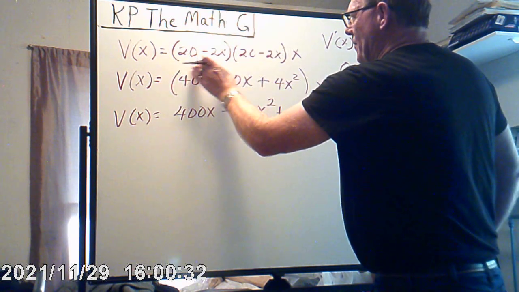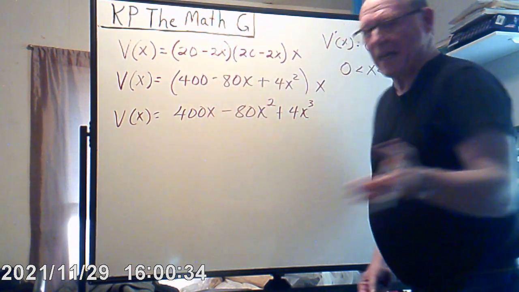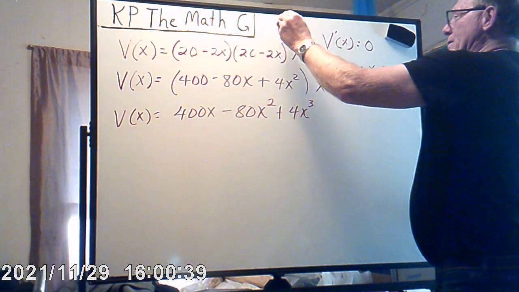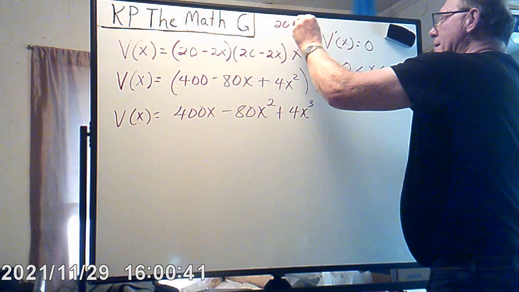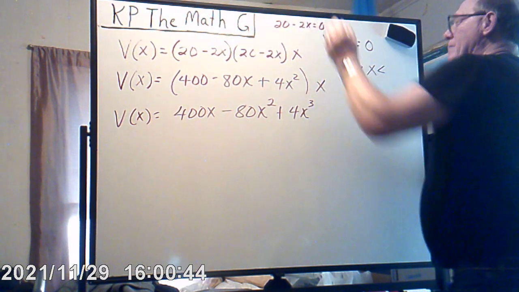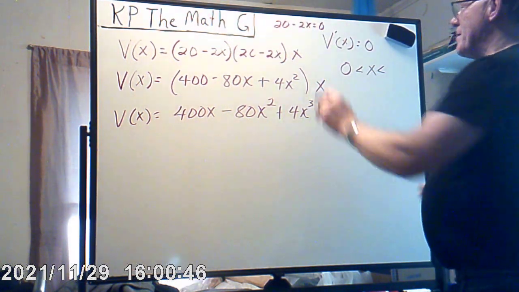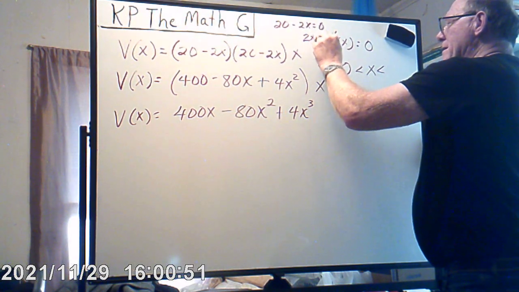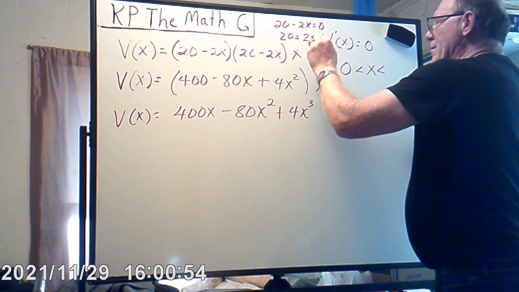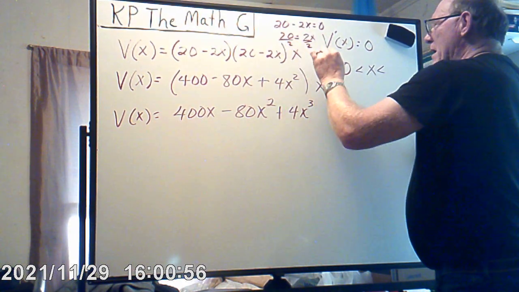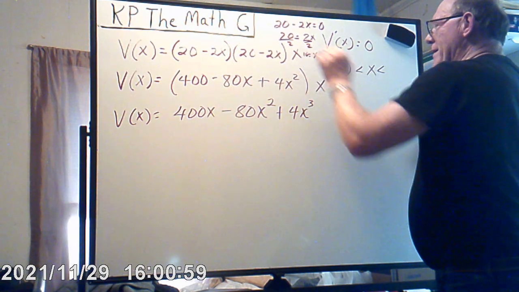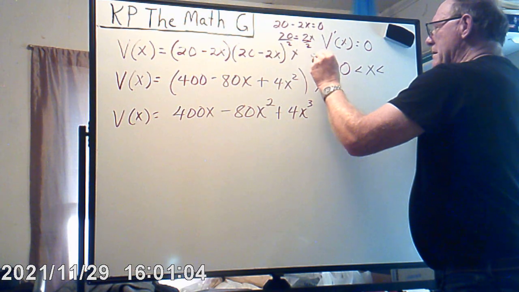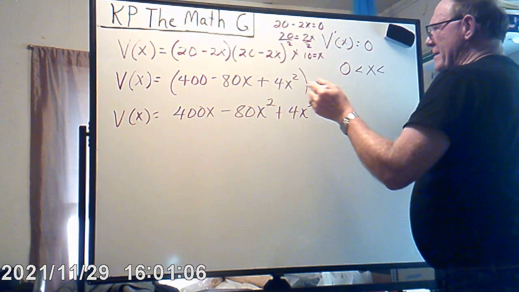So we don't want either one of these two, which are the same anyway, to be 0 either. So we go with 20 minus 2x. Let's say, what happens if it is 0? I'm going to bring minus 2x over here. That's going to be positive 2x. So 2x equals 20. So if we plug 10 in this, that would be 0. So if x is 10, this whole thing is 0.